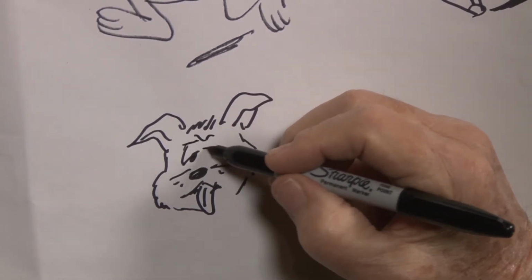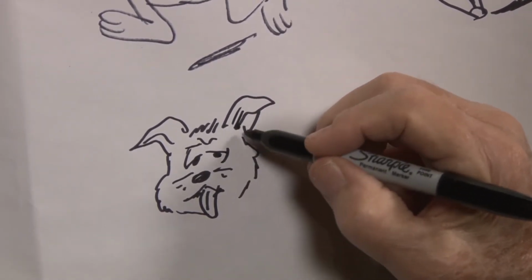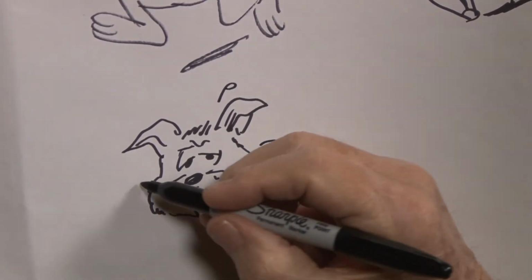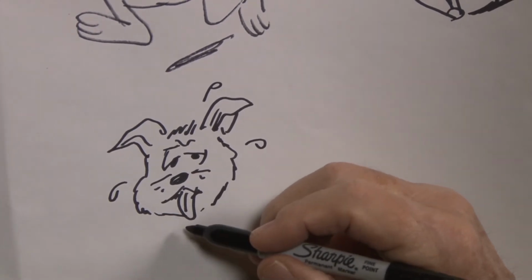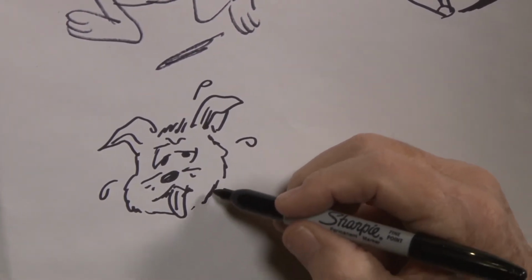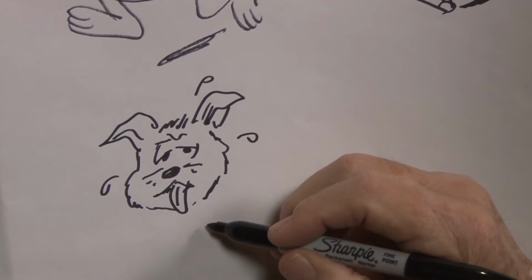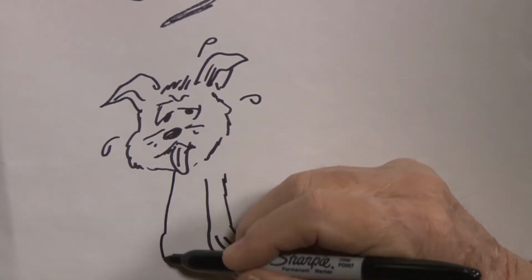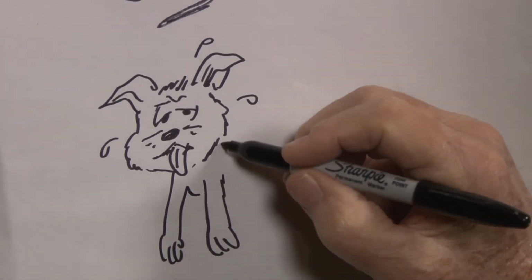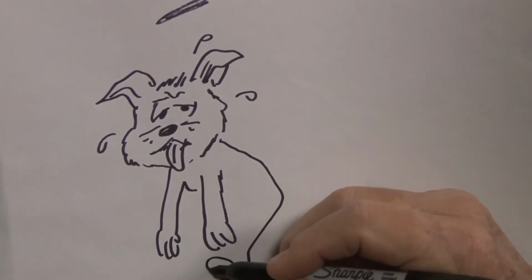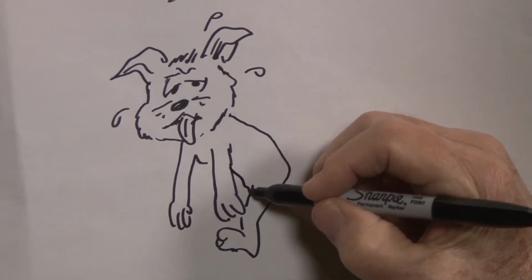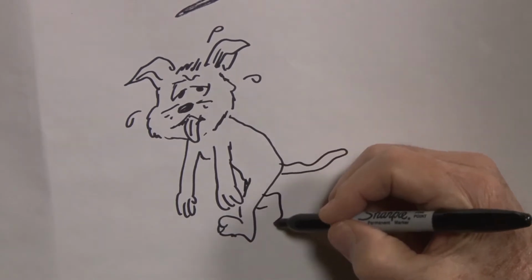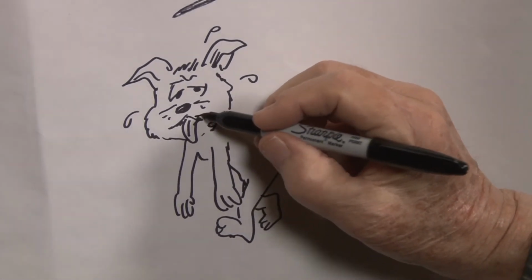And of course, they don't have a very happy expression shown in their eyes. Cats don't really sweat like this in real life, but no matter. And let's say this cat's hot, maybe been chasing a mouse without any successful results. And he's hot and tired at the same time, and he's trying to find a place to cool off and get some rest. So there's your hot cat.